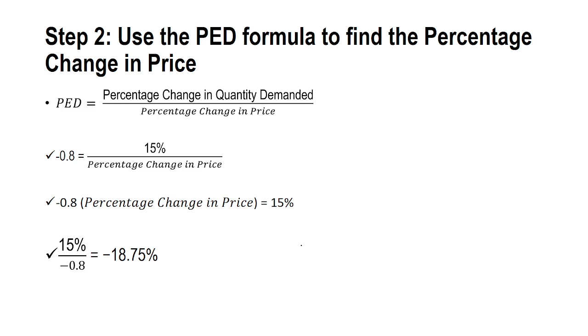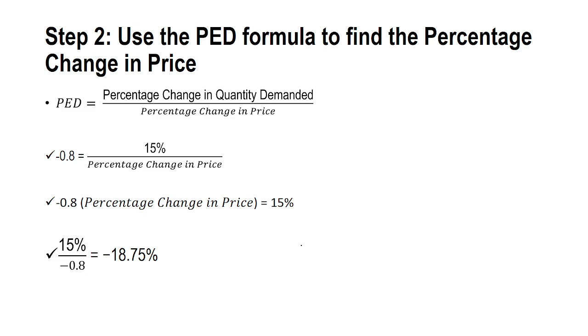So the percentage change in quantity demanded, which we found in the past part, was 15%, divided by the percentage change in price, that is our final destination to find, equals the price elasticity of demand, and in this case, according to the original information of the question, equals minus 0.8.